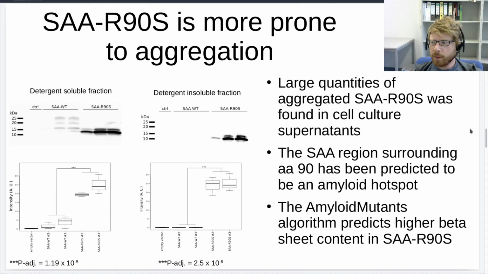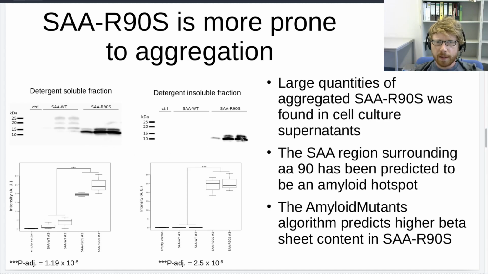So we were interested in the mechanistics behind that, and we thought probably there's a difference in the aggregation propensity of the two protein isoforms. So on the left, you see the detergent-soluble fraction of cell lysates, which means that the protein that you find there is not aggregated. So we find some of the wild-type protein, and again huge amounts of the mutated SAA isoform.